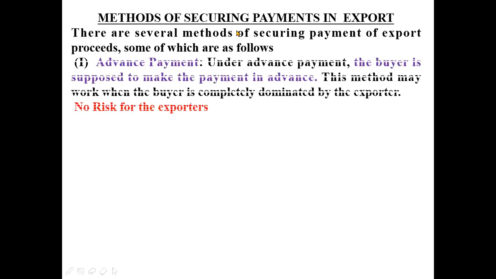As an example, we can take the case of advance payment. As the name implies, under advance payment, the buyer is supposed to make the payment in advance. This method may work when the buyer is completely dominated by the exporter. That means the exporter, before dispatching the goods to the importer, will take the full value of the payment from the importer.